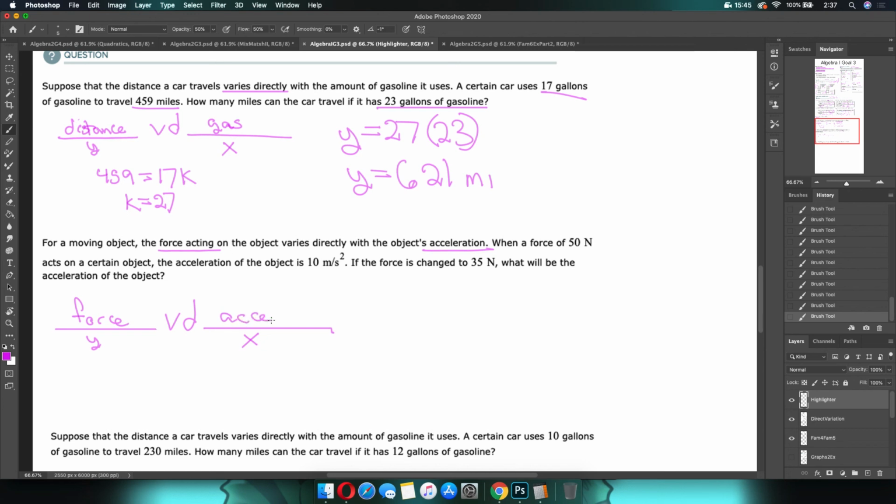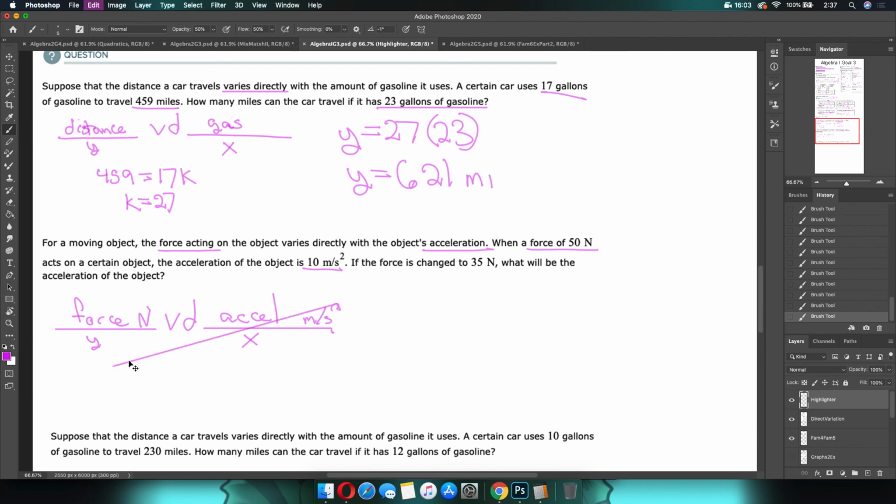Now that doesn't actually help me because I don't know what force and acceleration actually mean. Like, what? I'm not a science person. I'm sorry, Mr. Milligan. So I have to look. Force is in newtons, and acceleration is 10 meters per second squared. Okay, now I'm all set.